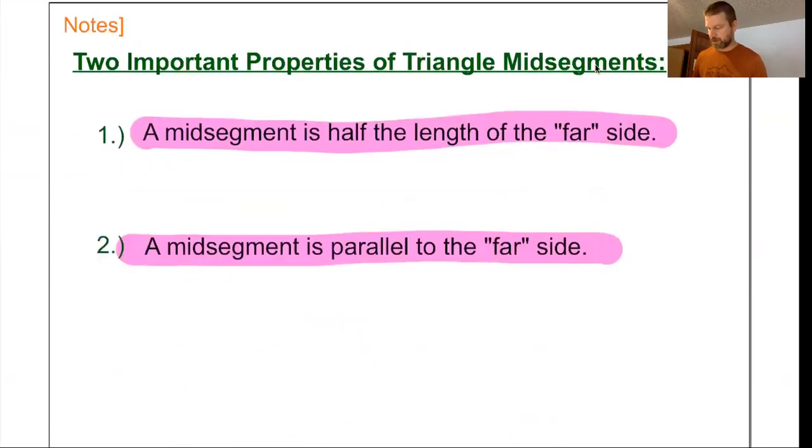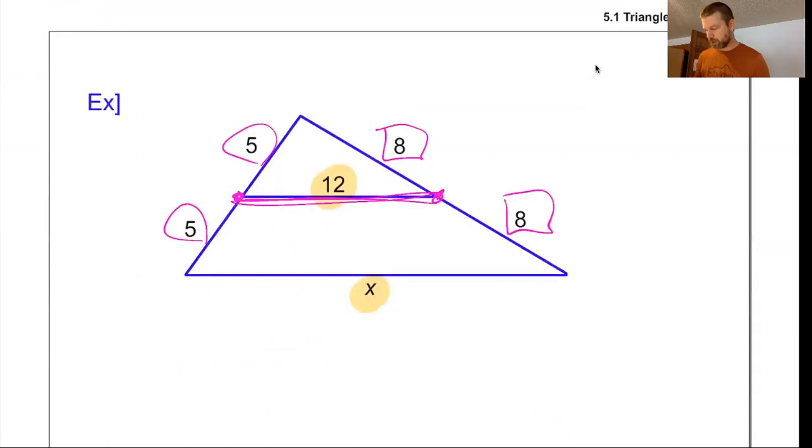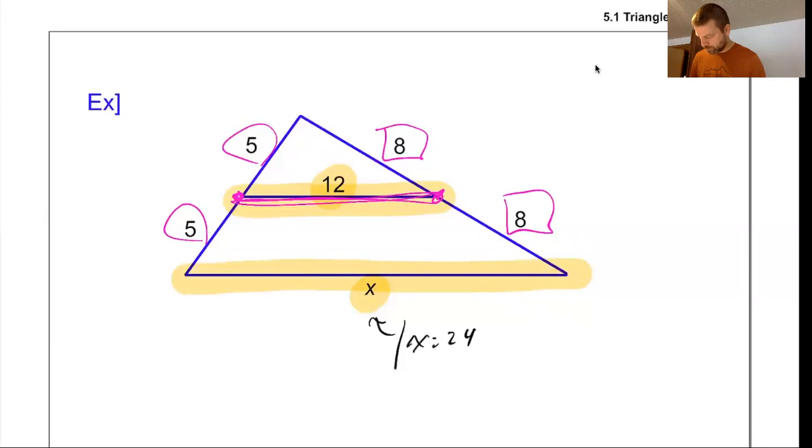A midsegment is half the length of the far side. So if this is a midsegment and it's half the length of that far side, the far side is going to have to be 24. Exactly twice as big.